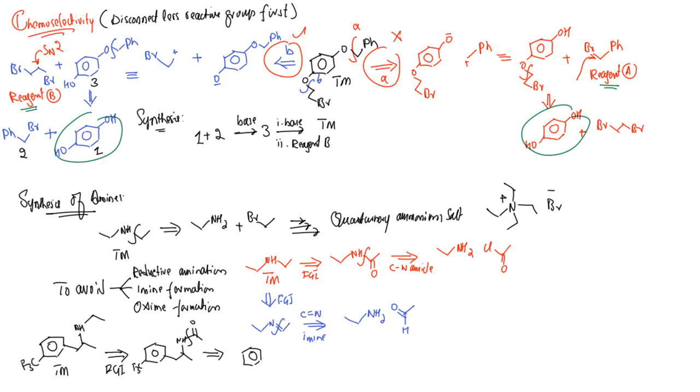I will get the primary amine right over here. And then via reductive amination I can go back to a structure like this. Now consider the forward synthesis.